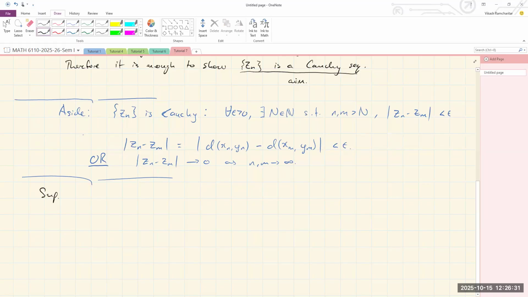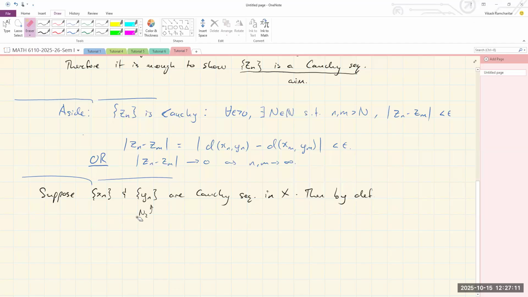Suppose xn and yn are Cauchy sequences in X. Then by definition of a Cauchy sequence, we could say, and you could do it the epsilon way by the way, that for any epsilon there will be a natural number n1 for this one and n2 for that one, such that the distance between any two terms is less than epsilon.